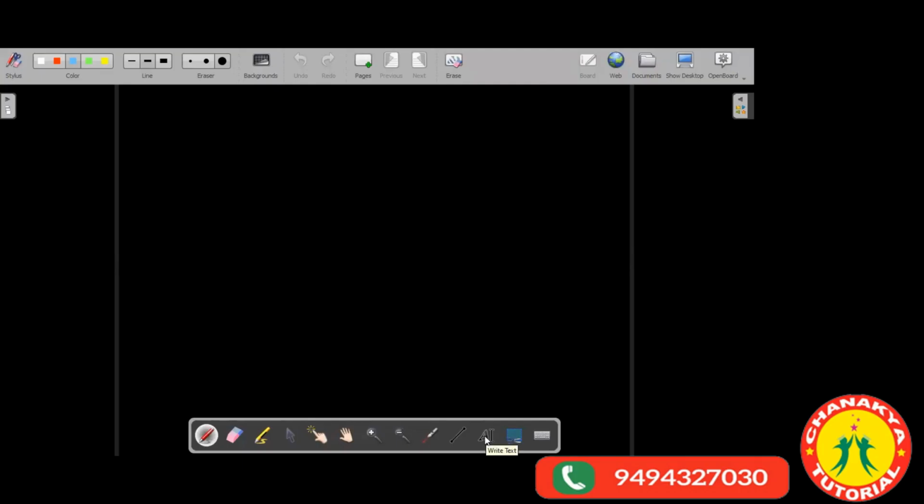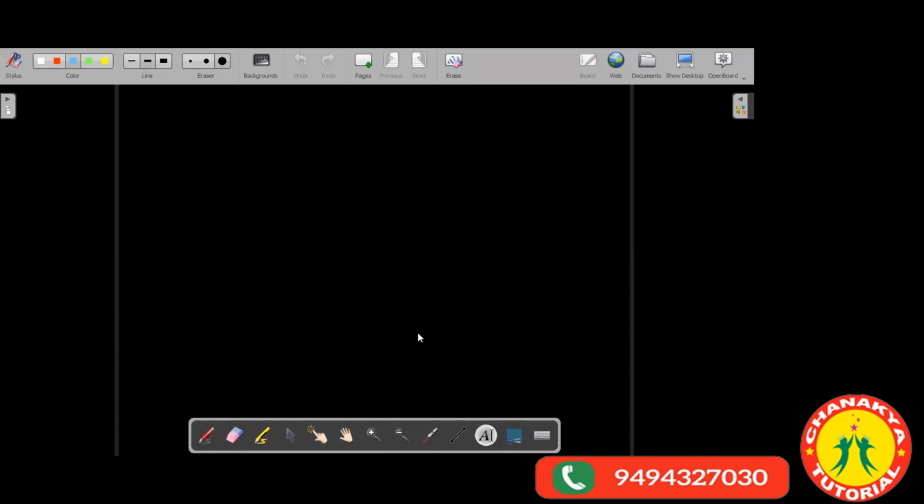So let us represent the graphical motion here. We have to study the variation of position with time and variation of velocity with time.